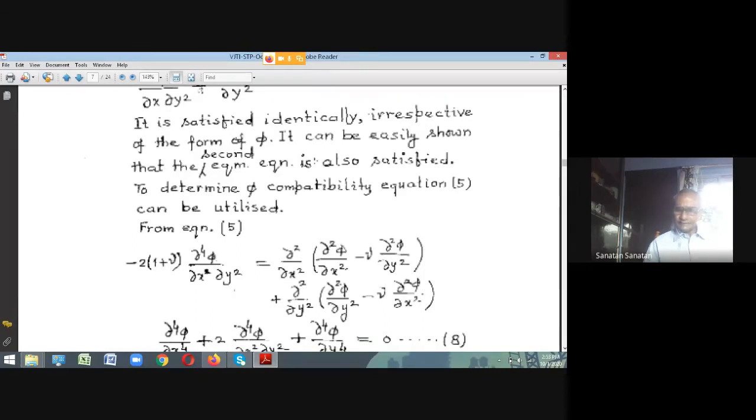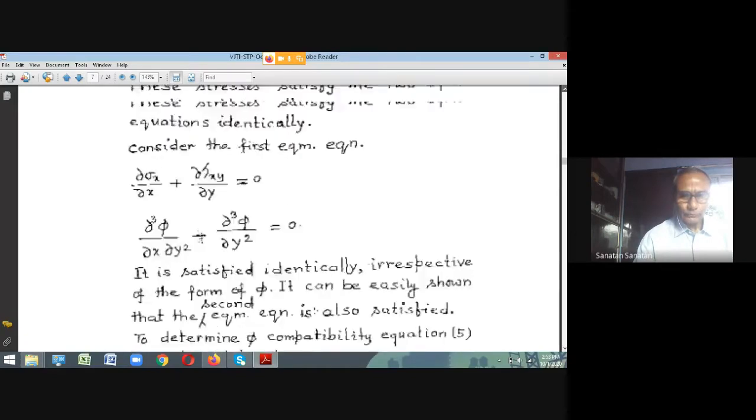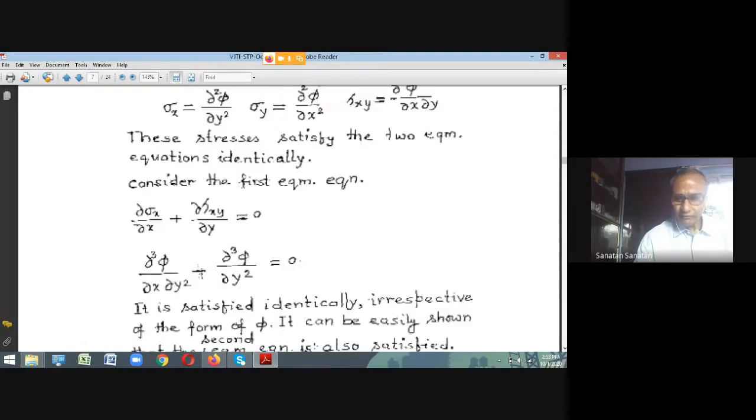And therefore, this Airy stress function satisfies the two equilibrium equations, and we have to determine this single function phi. You had to determine three stress functions, σx, σy, τxy.